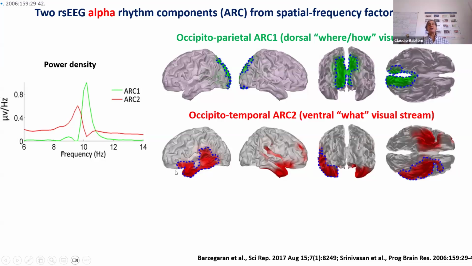So these are the visual alpha rhythms, and the somatomotor alpha rhythms are the two main components of alpha rhythms. Another component of alpha rhythms is the third alpha rhythm, related to associative temporal cortex, and is mainly related to ARC2 components in the publication of these authors.